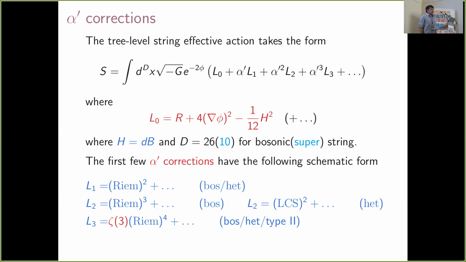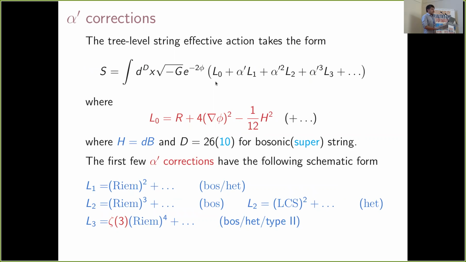Okay, so the tree-level string effective action looks like this. So you have first this factor of e to the minus twice the dilaton, because we're at tree level, and I'm dropping all the higher string coupling corrections. But then you have an expansion, the rest of the Lagrangian can be expanded in powers of alpha prime, an infinite series of terms.